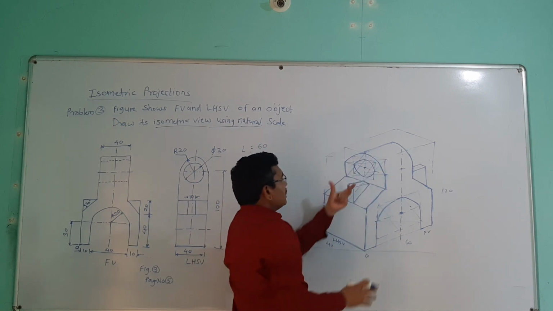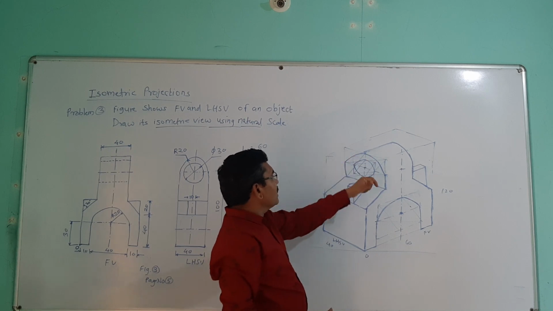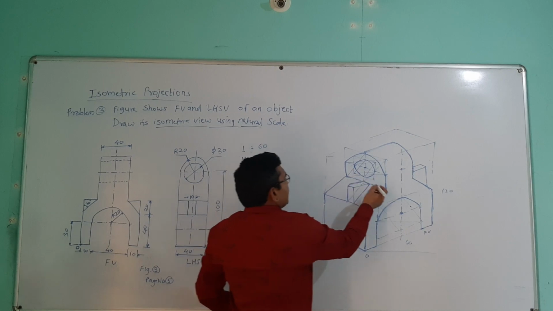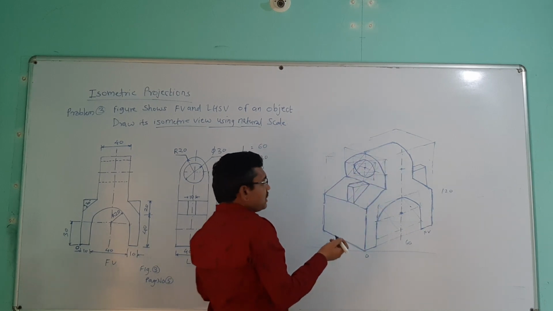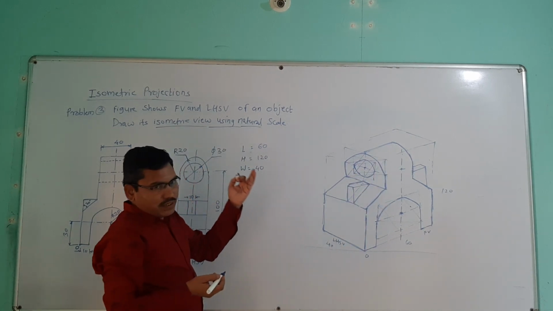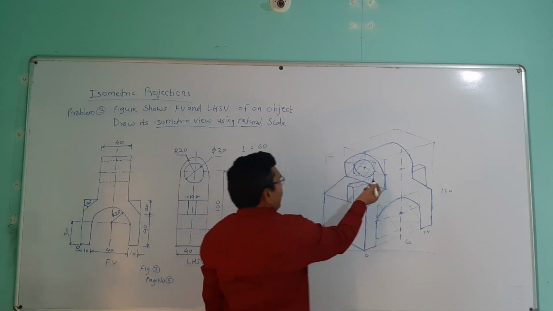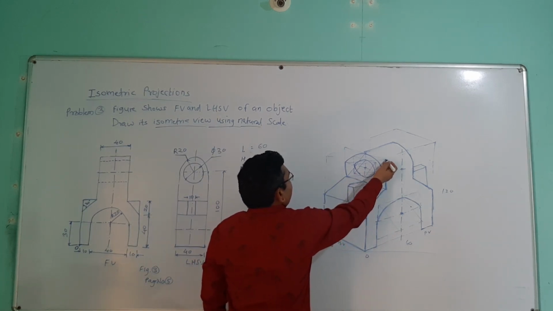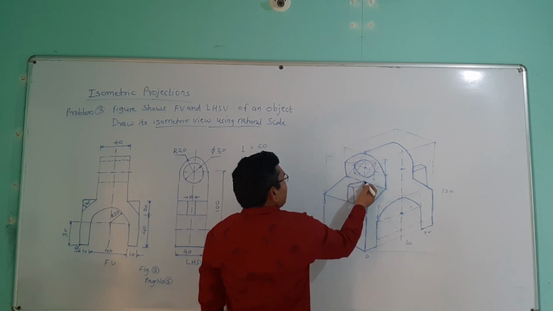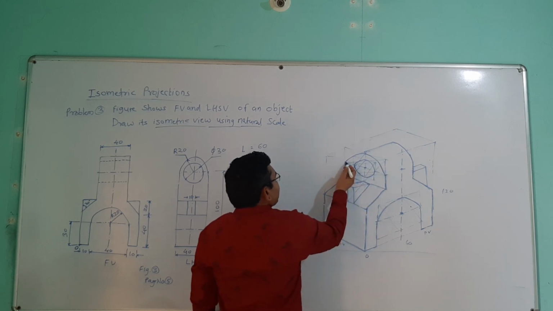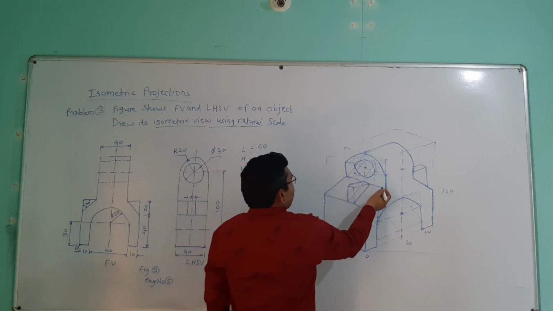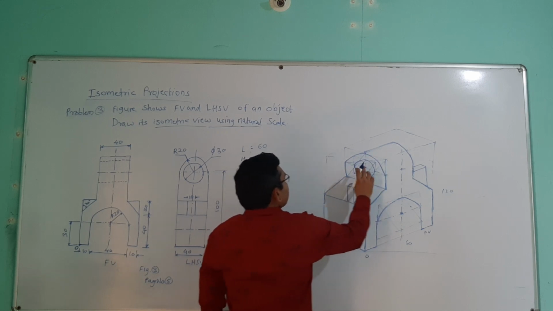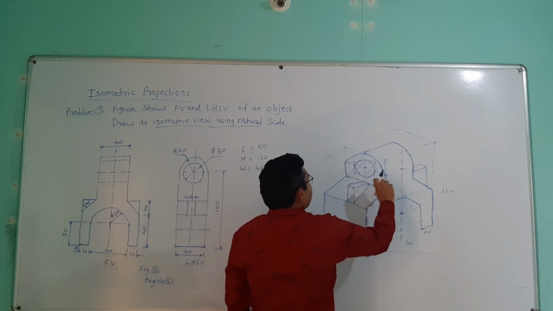So the small rhombus is 30 by 30, the outside rhombus is 40 by 40. Then in this rhombus again follow the same process of drawing the isometric view of the half circle and full circle. Join this bigger angle corner with the midpoint of the opposite side, and similarly the bigger corner and opposite side midpoint. Here you have to draw only a half circle.